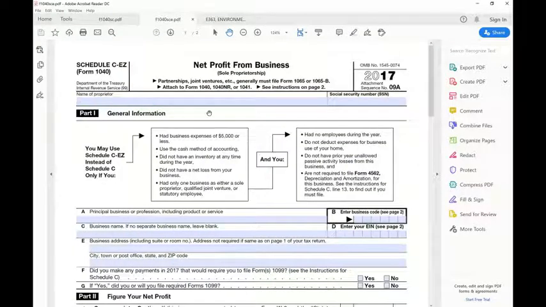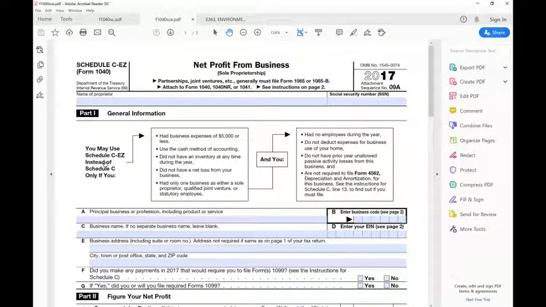Let's see Schedule C-EZ, which is mainly the short form. Okay, so there are some conditions required to use this specific form, and these conditions are given here in the general information.